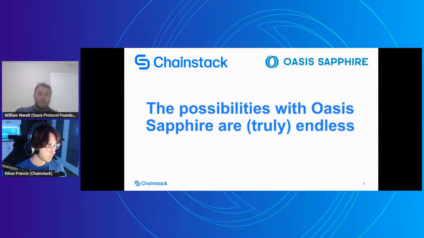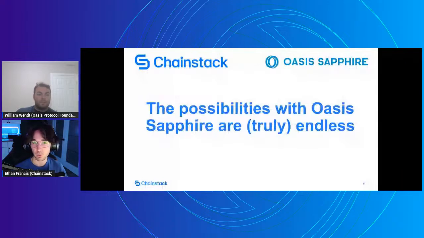I know I've talked a lot about this already, but with Chainstack and specifically with some of the examples that I mentioned, there is no better time to start building on Oasis, right? Of course, we're here for a hackathon, right? If you're going to start building an application that leverages this technology stack, that pushes the boundaries of Web3 through leveraging Oasis, now is the time to do that.